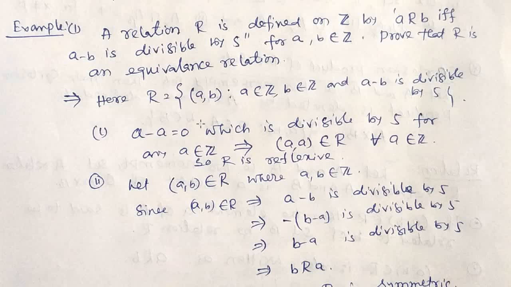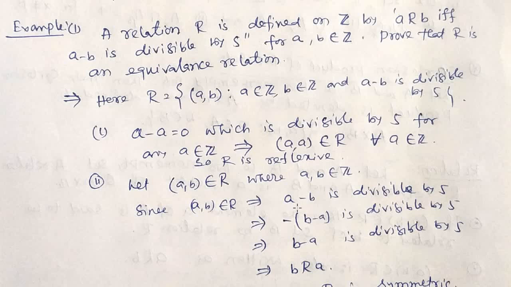First, reflexive: we need to prove that (A, A) belongs to R. A minus A is 0, which is divisible by 5, because 0 is divisible by any number. So (A, A) belongs to R for all A in Z, because A is arbitrary. So R is reflexive.